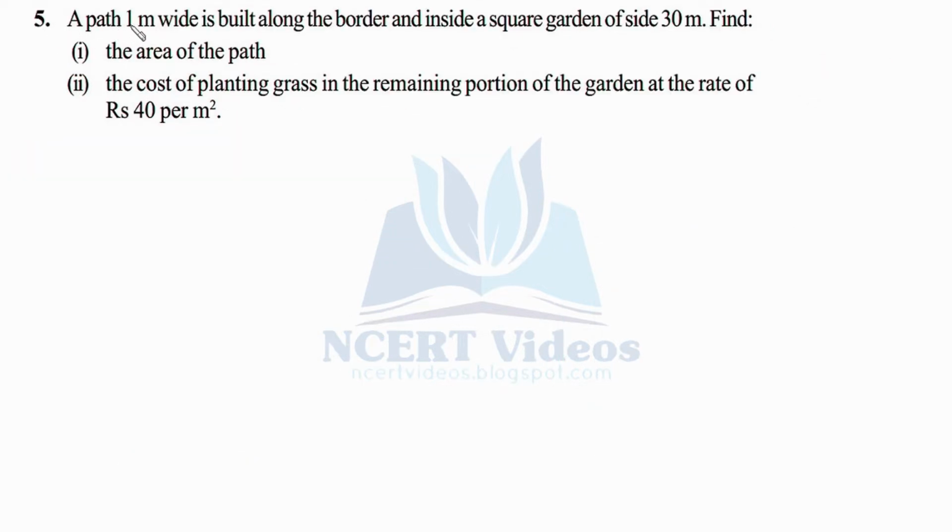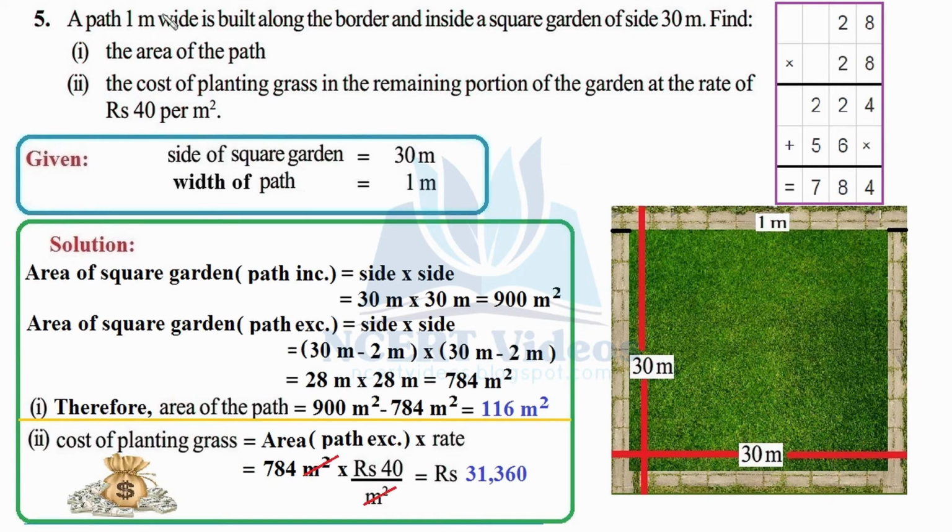Fifth, a path 1 meter wide is built along the border and inside a square garden of side 30 meter. Find first the area of the path, second the cost of planting grass in the remaining portion of the garden at the rate of rupees 40 per meter square. This question is very much similar to the previous ones with a little difference.